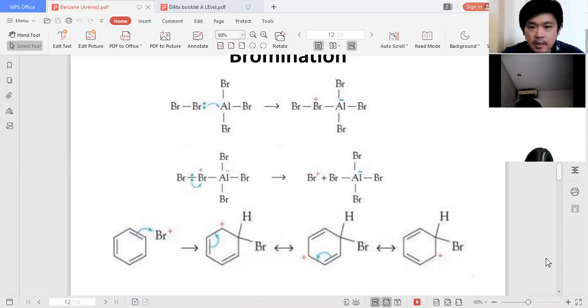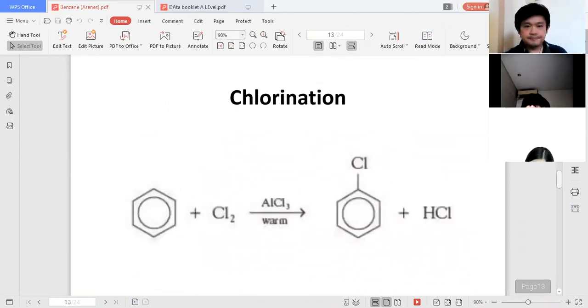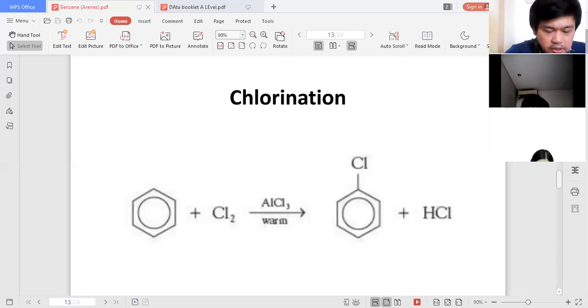Okay, next, chlorination. Chlorination is another type of halogenation. Chlorination is also using iron chloride. So remember, in order to make a reaction between benzene and bromine, to make bromobenzene, we have to use aluminum bromide or iron 3 bromide.